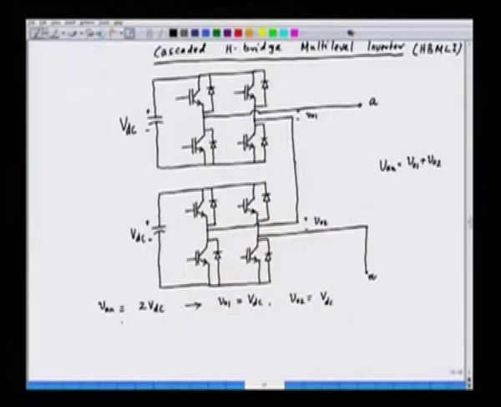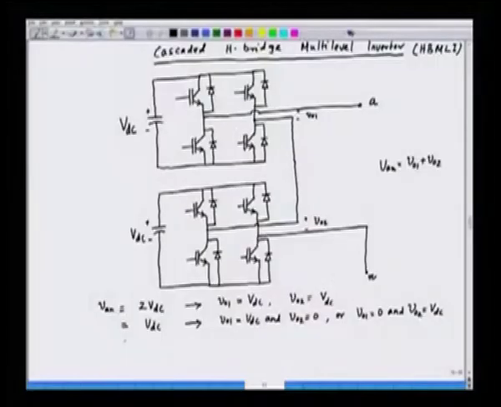That is, VAN is equal to VDC provided VO1 is equal to VDC and VO2 is equal to 0, or VO1 is equal to 0 and VO2 is equal to VDC. This is also possible. So, if one of the voltages is 0 and the other voltage is VDC, the output is going to be VDC.